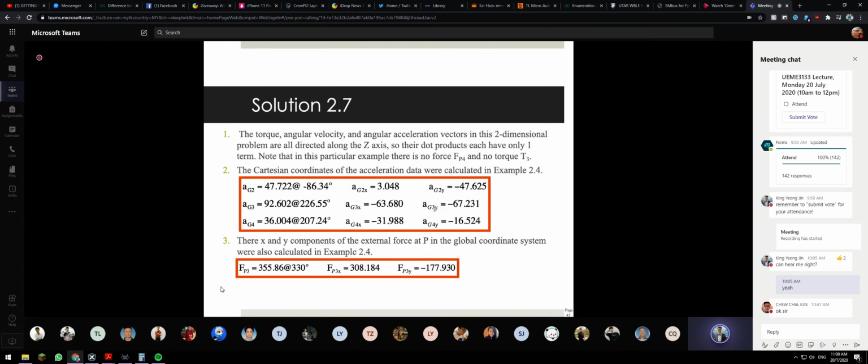To solve it in a similar way, we still have to expand it to x and y. This is given, as this is acceleration data. So we will find the xy component.